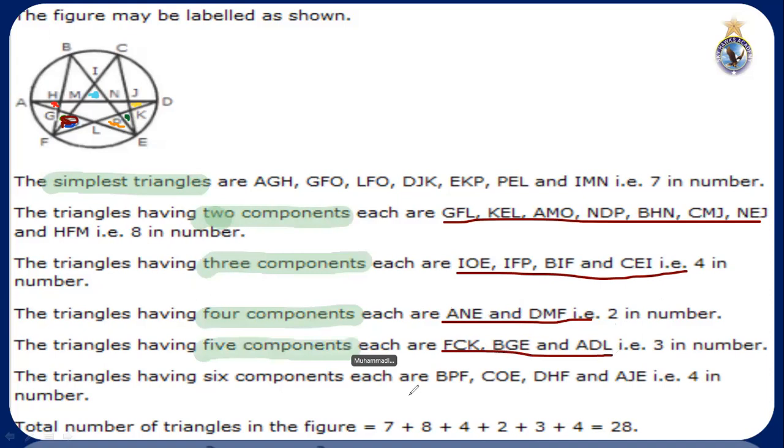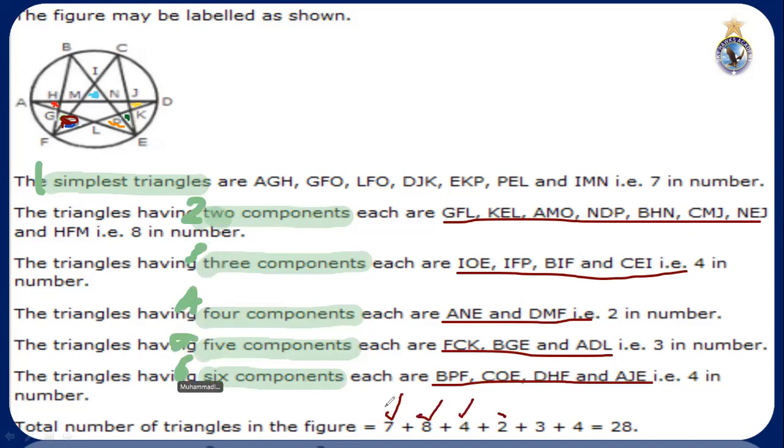And then six components, six triangles, make one bigger triangle, that is four. So if you count these numbers, over here 7 plus 8 plus 4 plus 2 plus 3 plus 4, that is 28 all together.